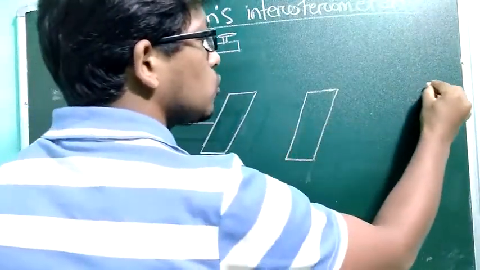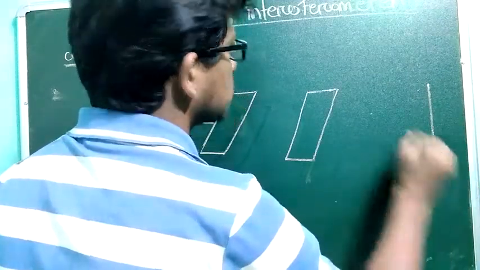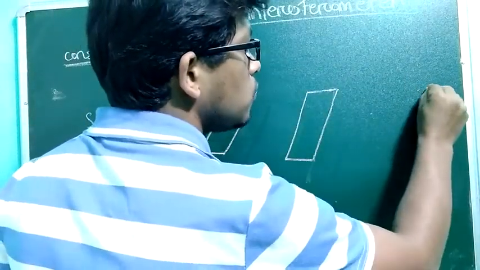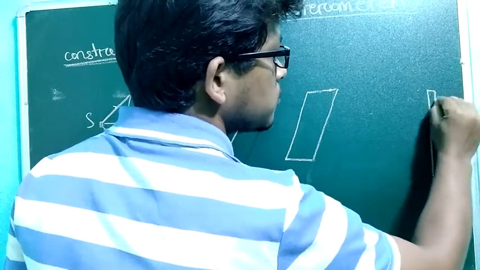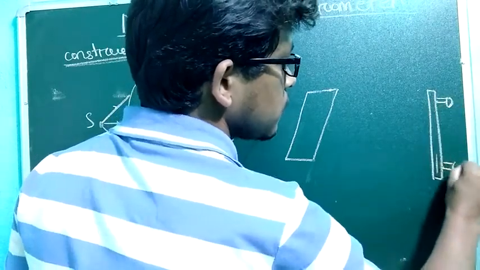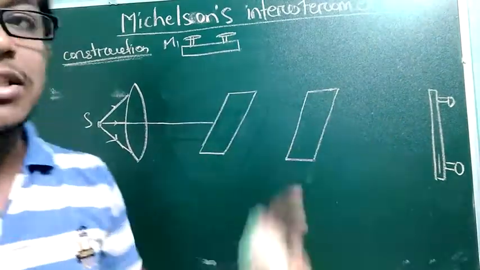And after that he took one more mirror here, like the mirror M1, a fully reflecting mirror, completely silvered, with an adjustment knob.